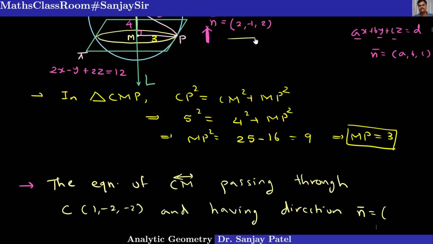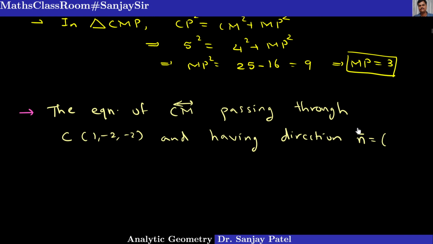Here it is, (2, -1, 2). The line is given by (x minus 1) upon 2. This is the point x1, y1, z1, and this is the direction l, m and n.